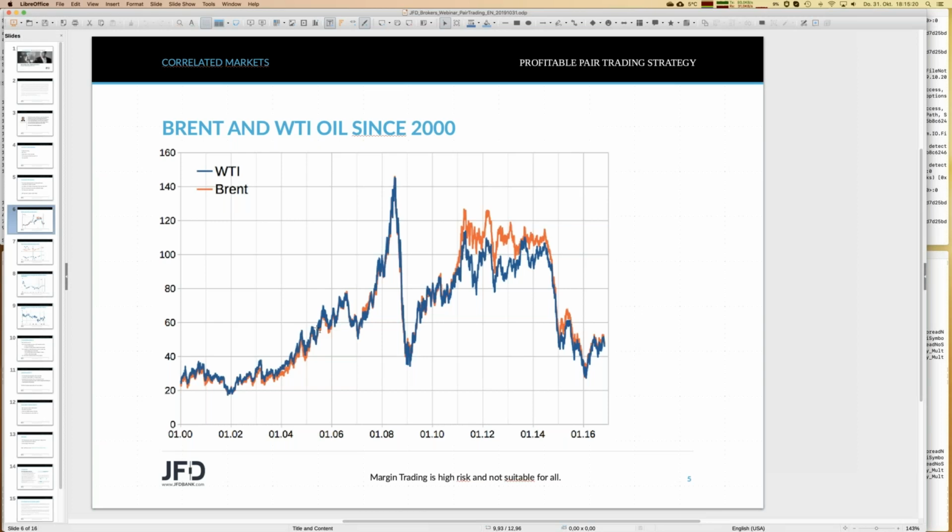But what will be the reaction of the overall market if that would be for a couple of days, a couple of weeks, or a couple of months, that one oil is getting more expensive and more expensive, and the other one would be cheaper and cheaper?